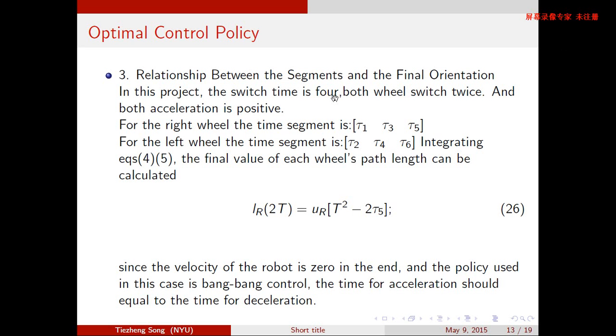So assume tau 1, tau 3, and tau 5 are the time segments for the right whale, and tau 2, tau 4, tau 6 are the time segments for the left whale.